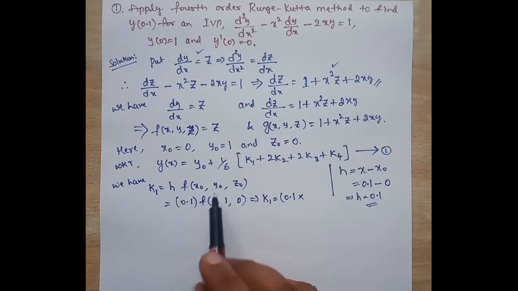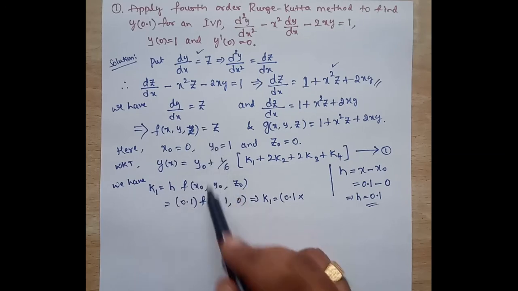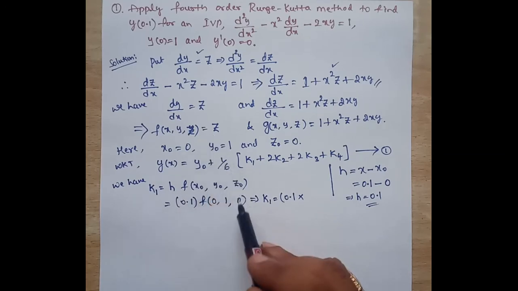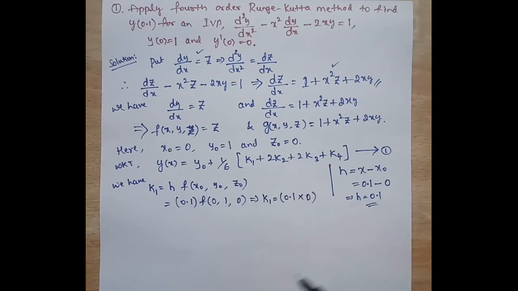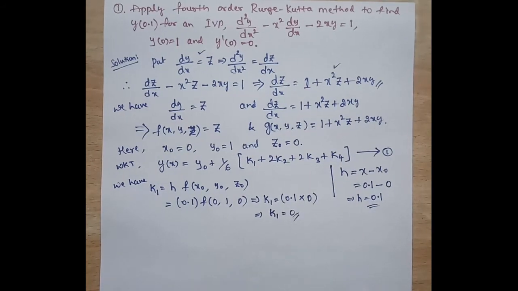So you know f is nothing but z. Just compare it. f is z. And what is the value of z? 0. So if I put the z value in this case, z is 0, so it becomes 0. So this implies the value of k1 is 0.